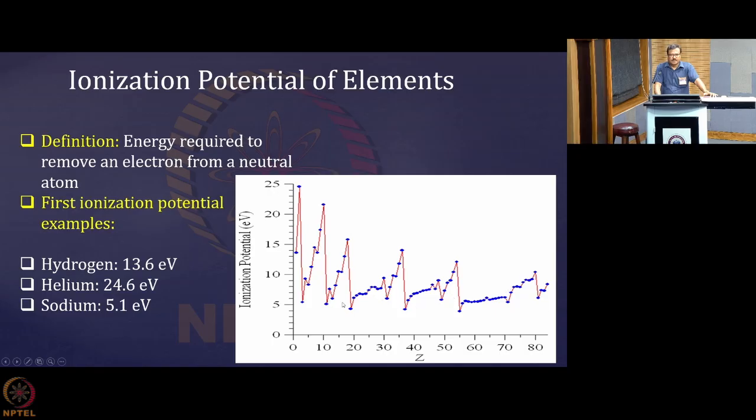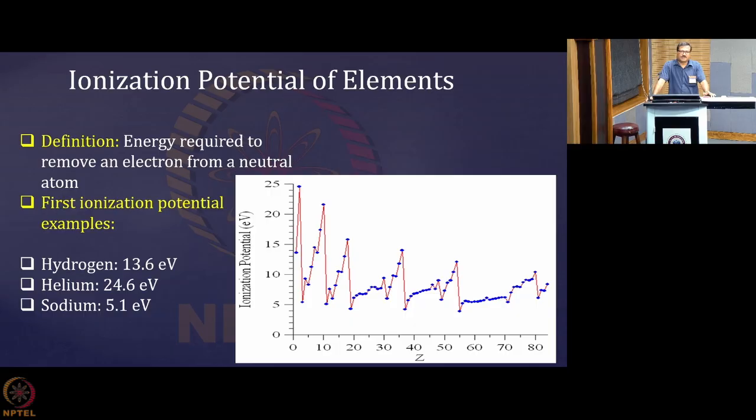Now, this zigzag thing originates because of the shell electrons distribution in various shells. When it is an inert gas configuration, the shells are complete and it is very difficult to take out an electron from the outer orbit.